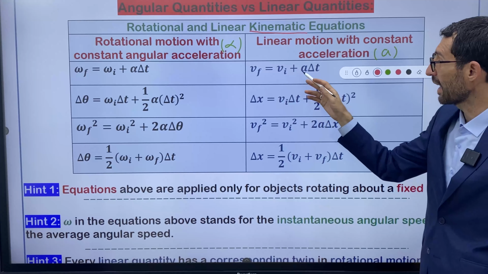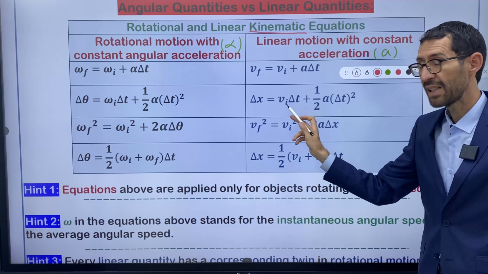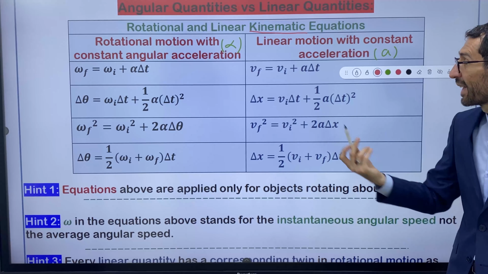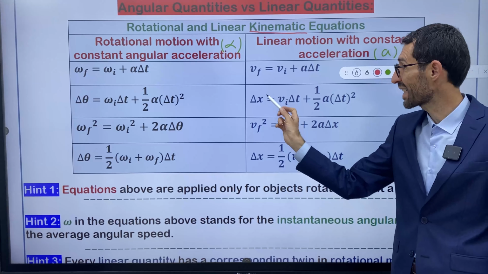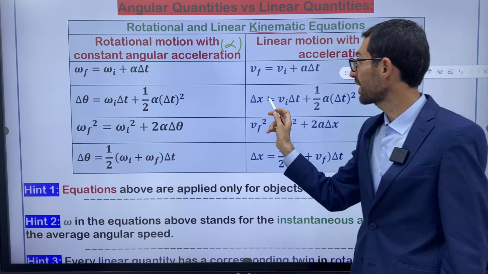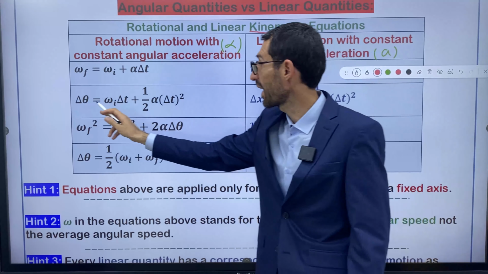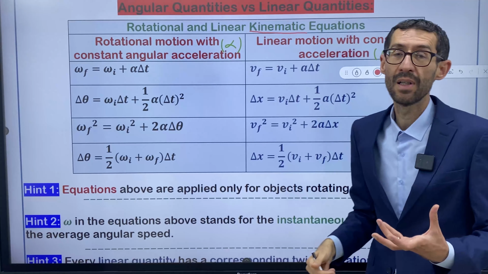The second equation: delta x is equal to initial velocity multiplied by delta t plus 1 over 2 a delta t squared. Guess this physical quantity: delta x means linear displacement. What's the twin of this quantity? Delta theta, meaning angular displacement.